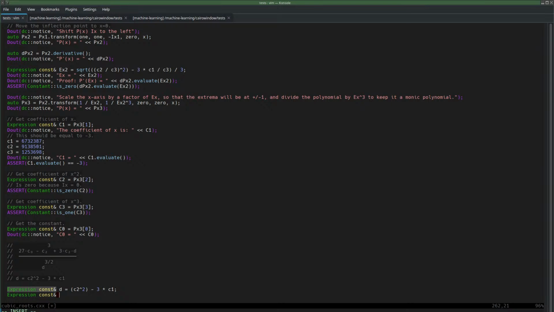But let's call this C0A because I'm running out of symbols, variable names, I mean.